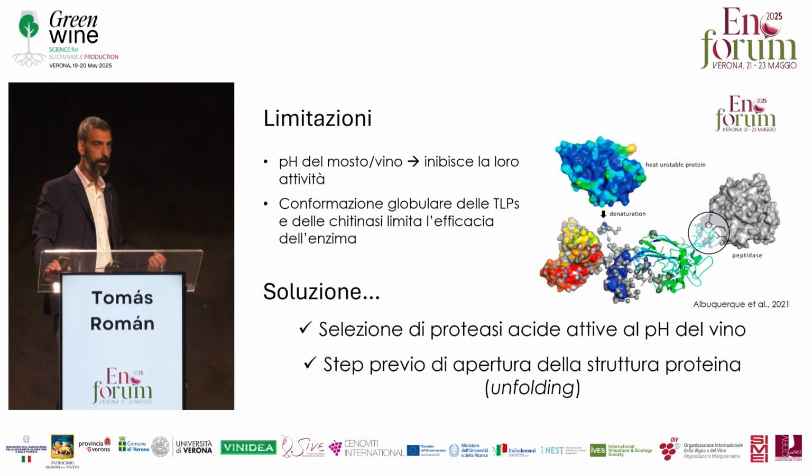From this point of view, solutions were found to allow its use for winemaking purposes, and that was based on two macro approaches. First of all, selecting the proteases. The food technologists managed to select proteases coming from microorganisms that were active in an acidic environment, such as wine.